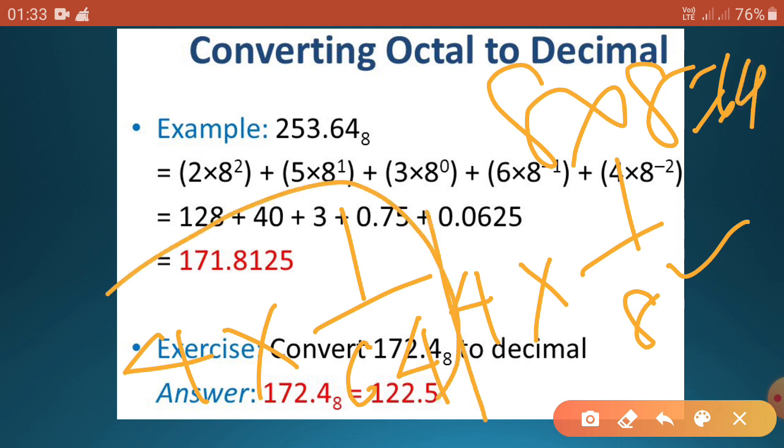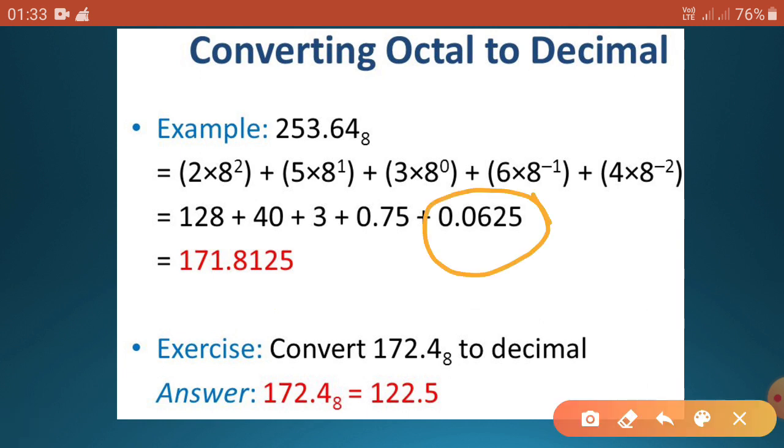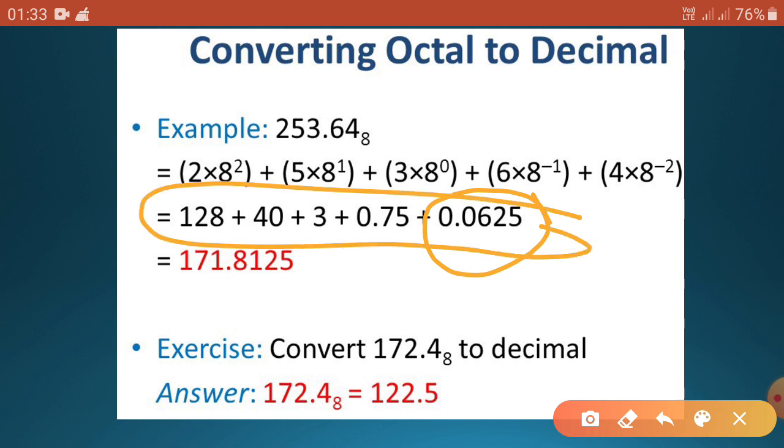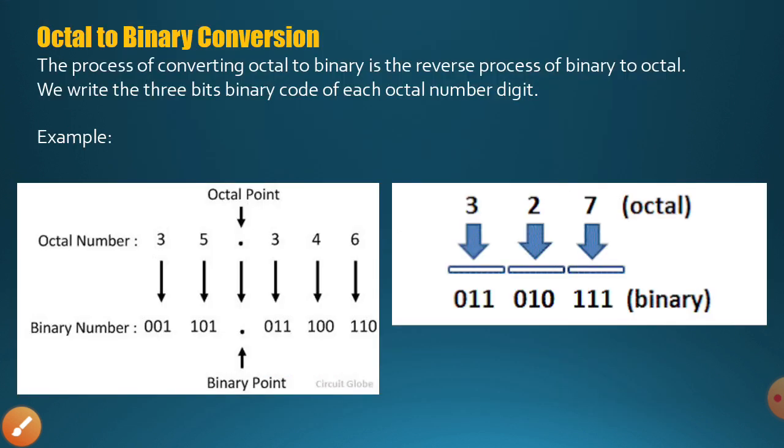So 4 into 1 by 64 gives us 0.0625. If we add those values, it gives us the result 171.8125. It is in decimal. Okay, go to the next slide.